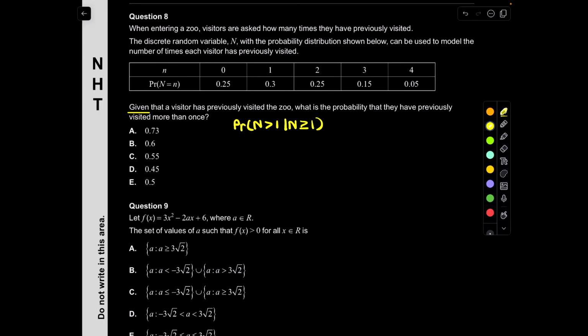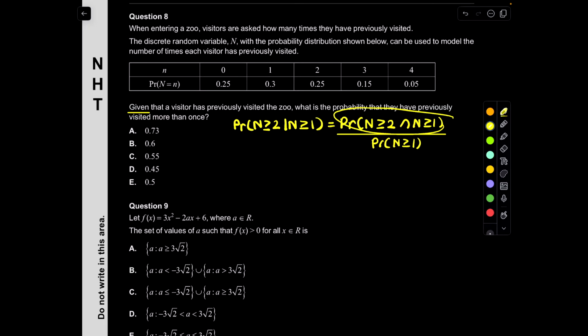And now, simplifying using conditional probability, n is greater than 1 can be written as n is greater or equal to 2, just to simplify. So the probability of n greater or equal to 2 intersection n greater or equal to 1, all divided by the probability that n must be greater or equal to 1.